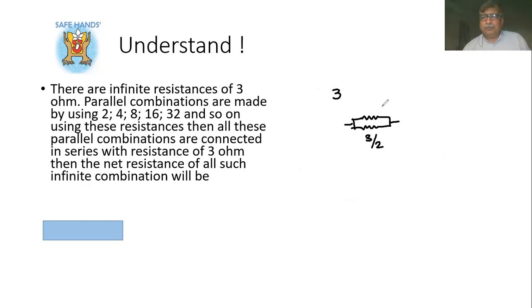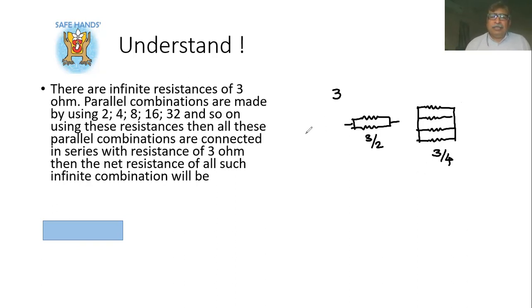So 3 by 2. If I have 4 such in parallel, then it will be 3 by 4. If I have 8 such, it will be 3 by 8, and this will continue.